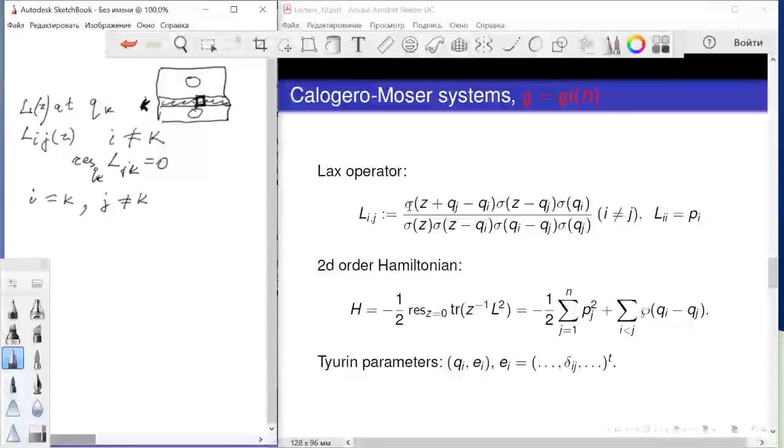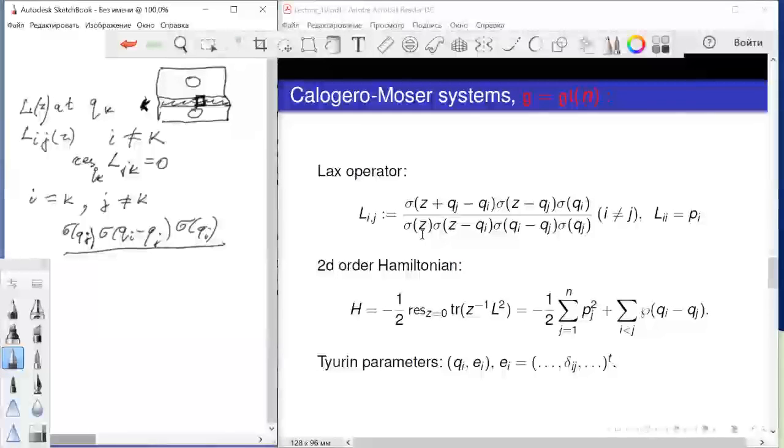Plug qi here, we obtain sigma of qj, then sigma of qi minus qj, sigma of qi. Plug z equal to qi into the denominator. This sigma is dropped out already.